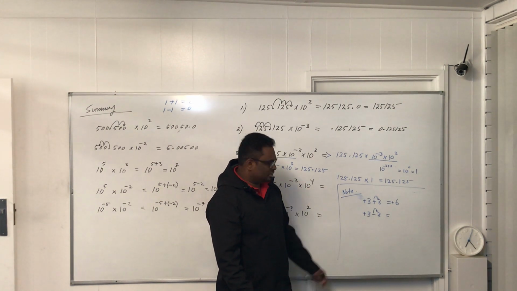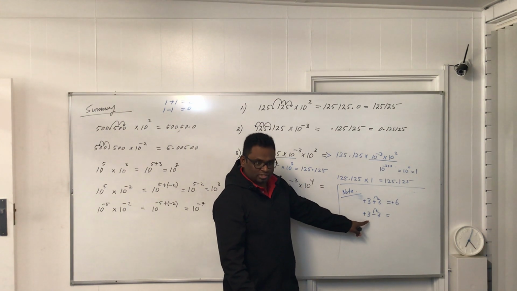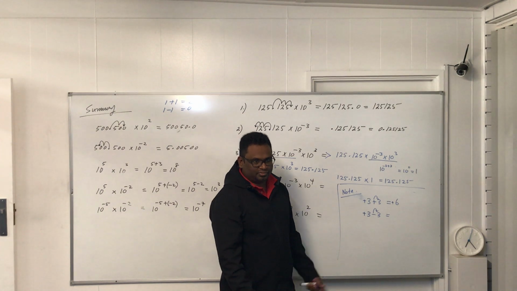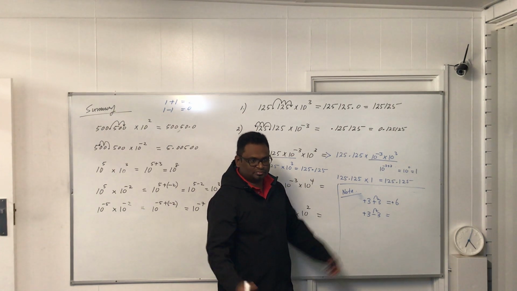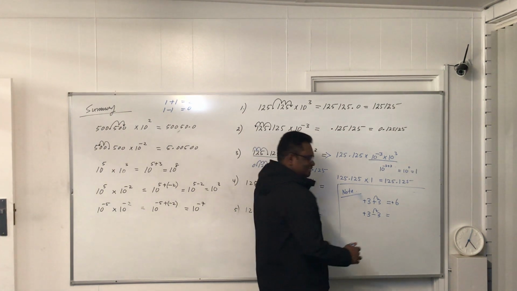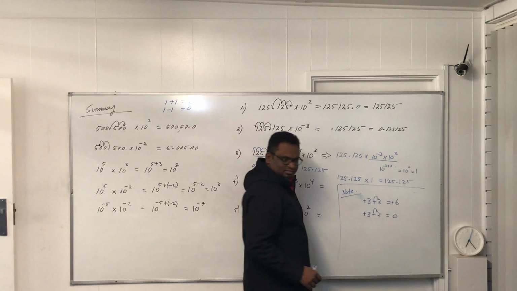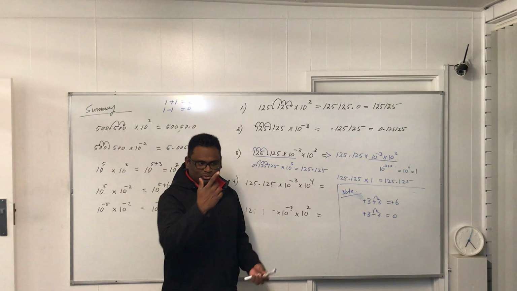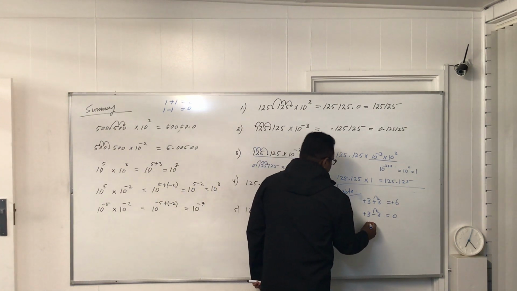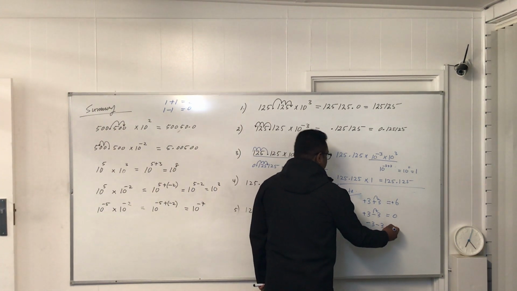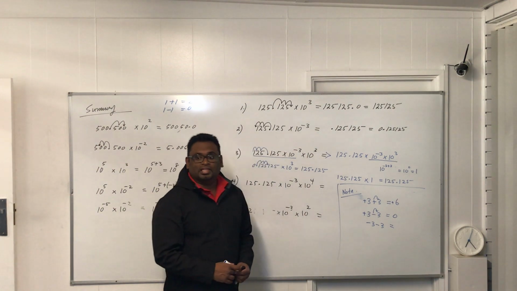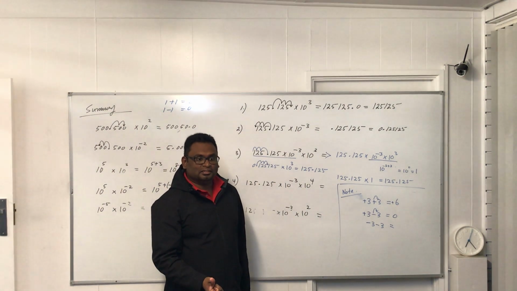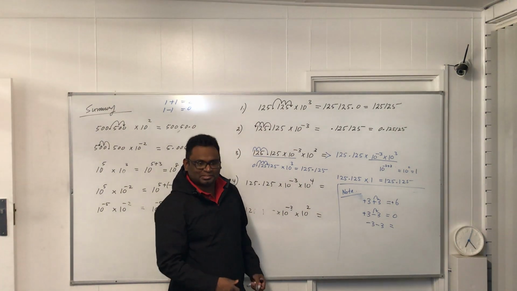How do you understand it? Plus 3 means 3 friends. Minus 3 means 3 enemies. 3 friends and 3 enemies kill each other, so 0. Is that cool? Now look this way: minus 3 minus 3. You tell me. 3 enemies with 3 enemies, they're going to make a gang: 6 enemies.